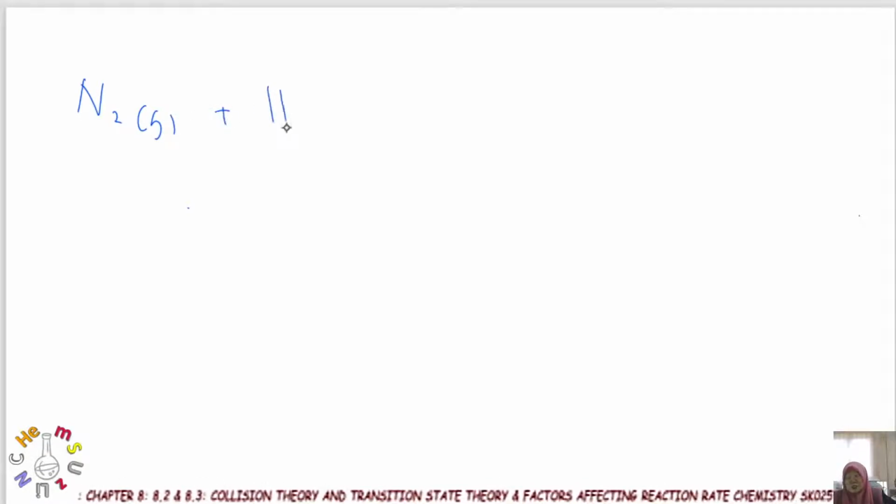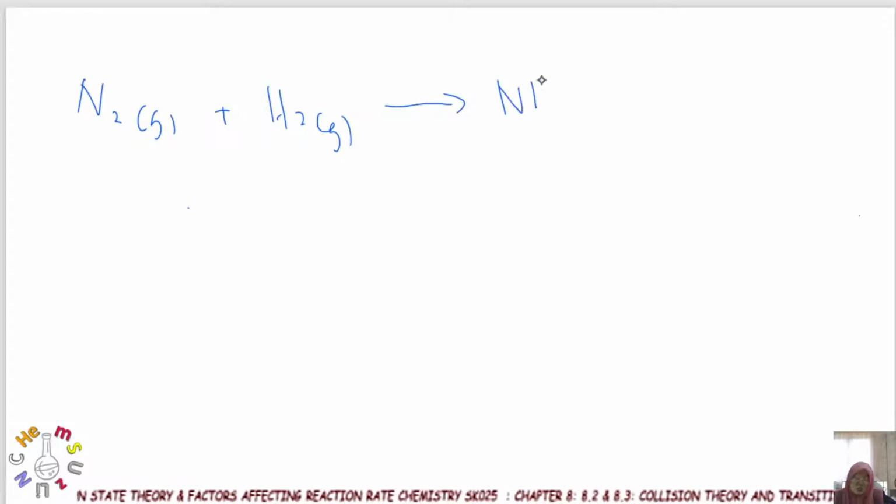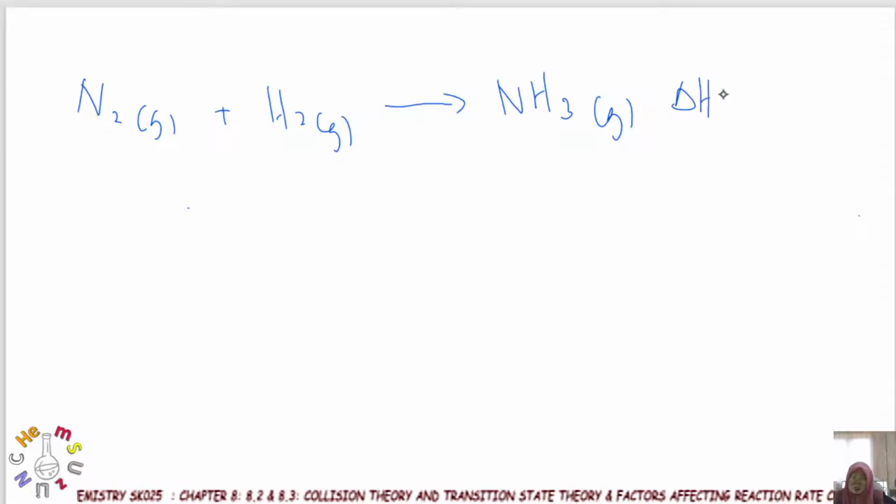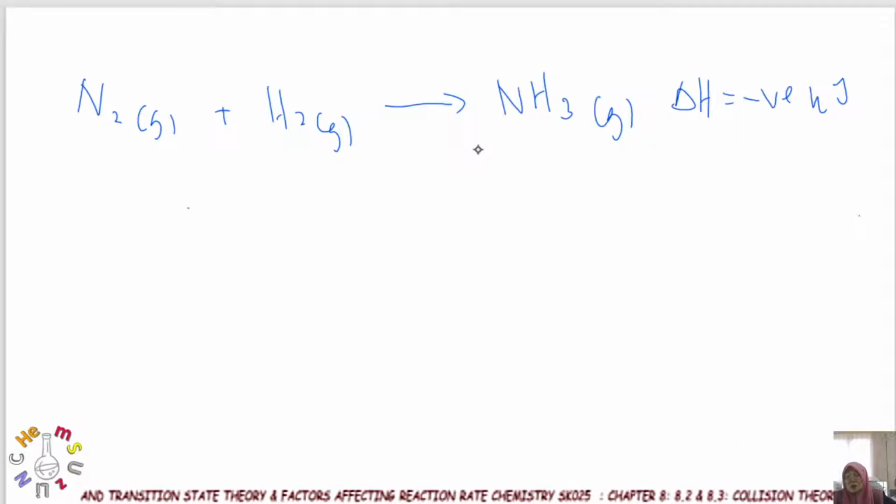Kita tahu bahawa bila nitrogen gas react with hydrogen gas, it will produce NH3 gas. Delta H is equal to negative kilojoule. Okay. So, dalam case kat sini, we need to balance the equation. So, 2 mol ammonia dan 3 mol H2. Tapi ini adalah persamaan tidak balas.